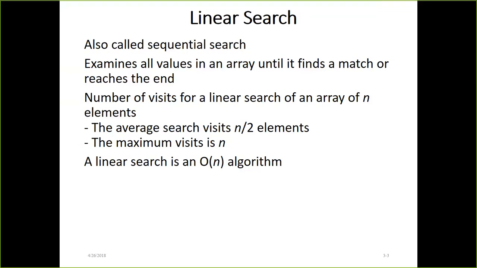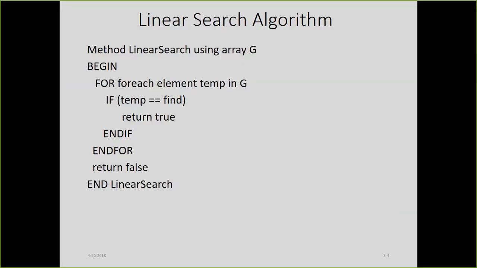In that case, you may realize the effect of big O n, if the element exists at the end or does not exist, how long it will take. The searching algorithm is pretty easy.